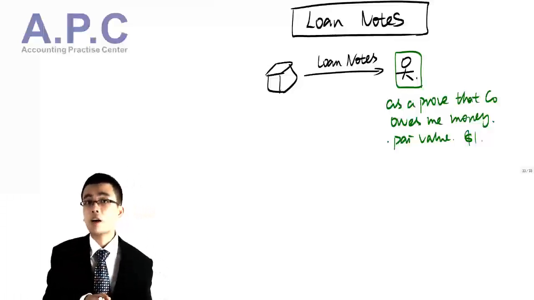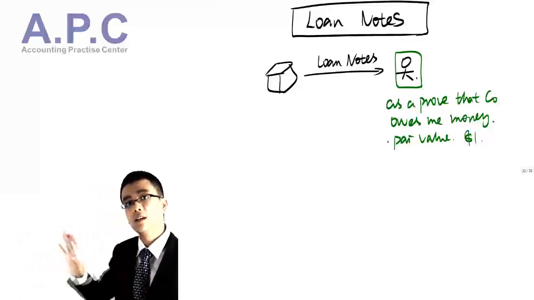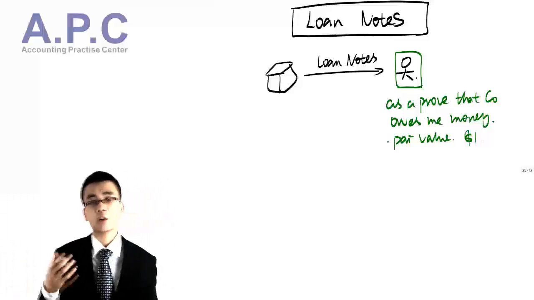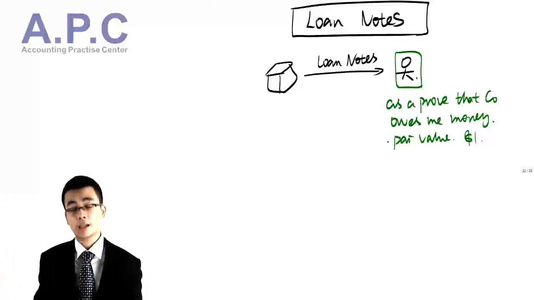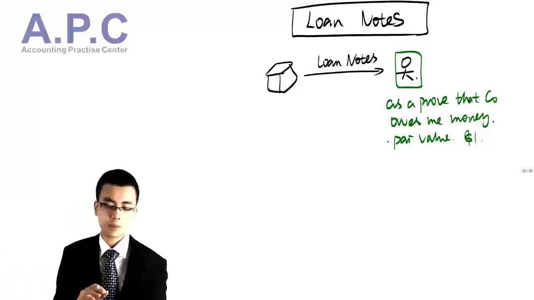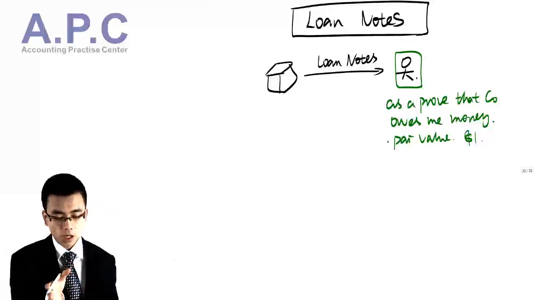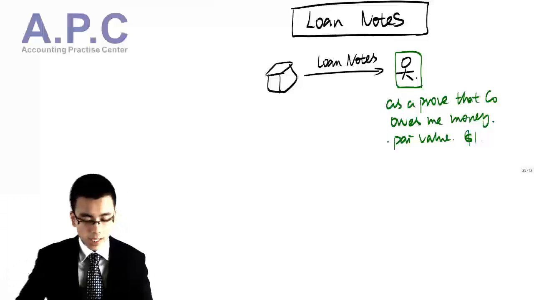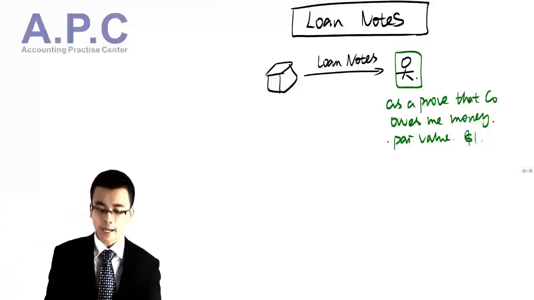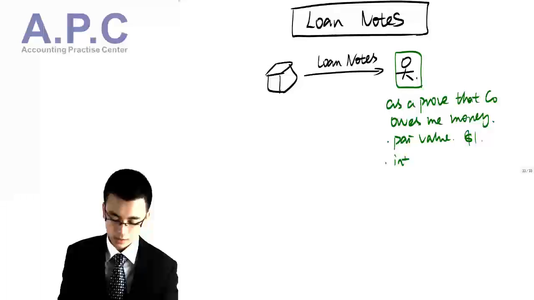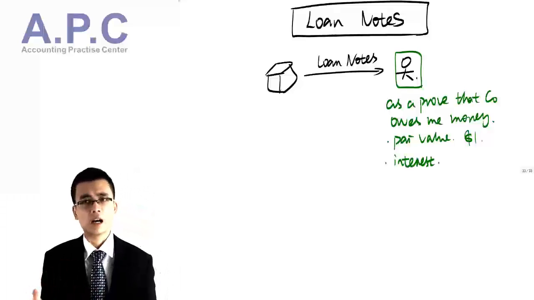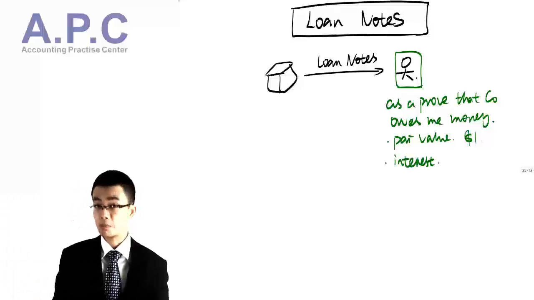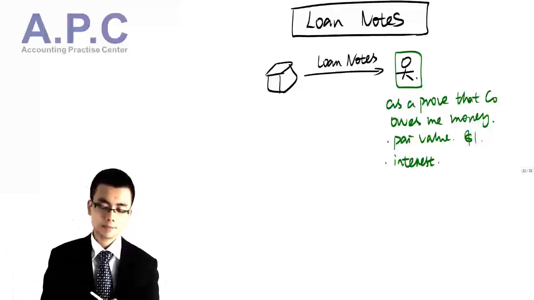The company will have an obligation to pay back this $1 million, at a par value of $1, back to the lender of the money. And also the company may have an obligation to pay interest expenses, maybe monthly or annually, back to the lender.